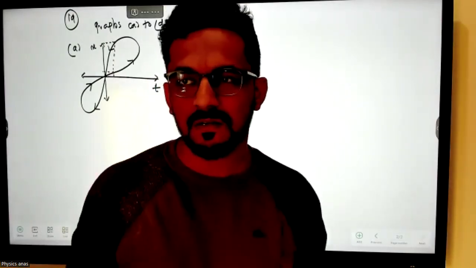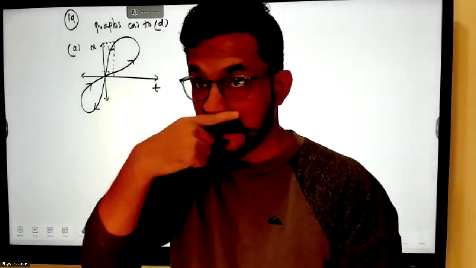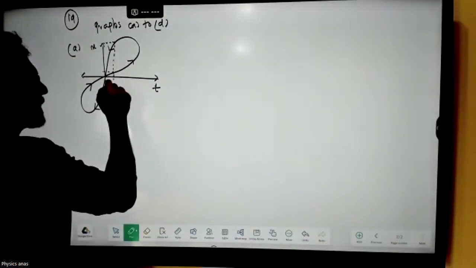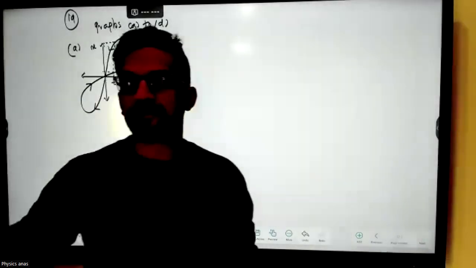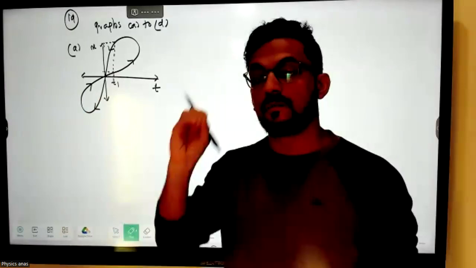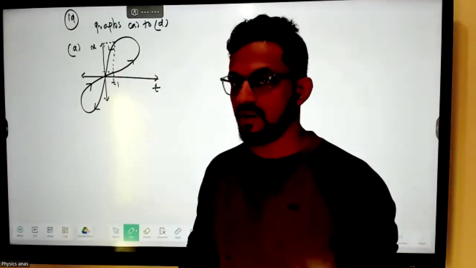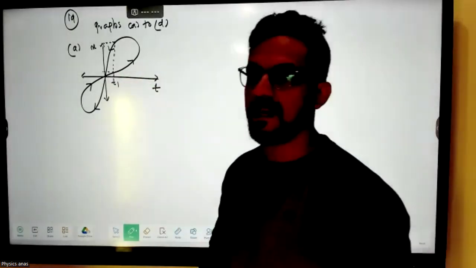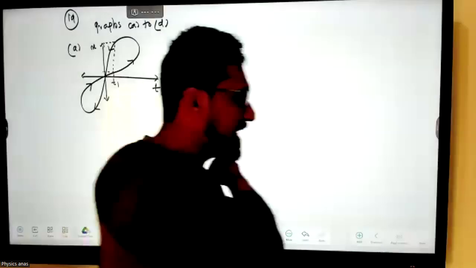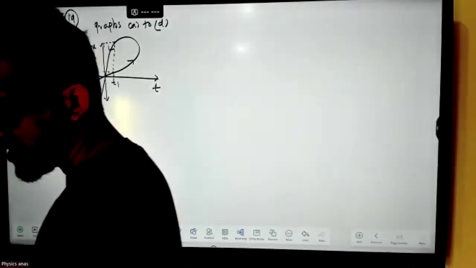Is that possible? No, that's not possible. Let's say at T1, you have two positions. That's not possible. So this graph cannot be a graph of one-dimensional motion. Did you get it? So you can draw this graph. Make it a little bit speedy. Draw this graph and write.